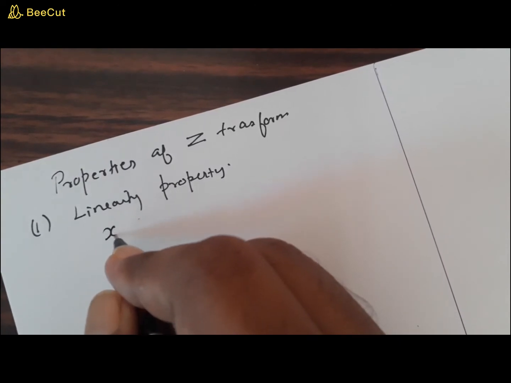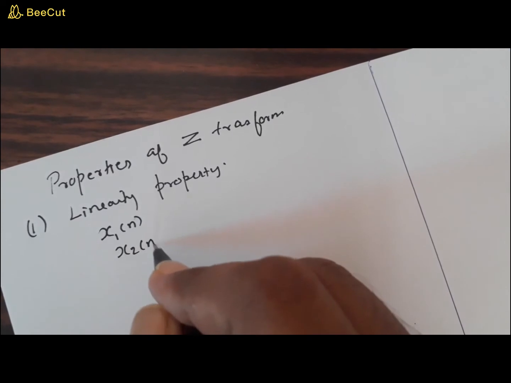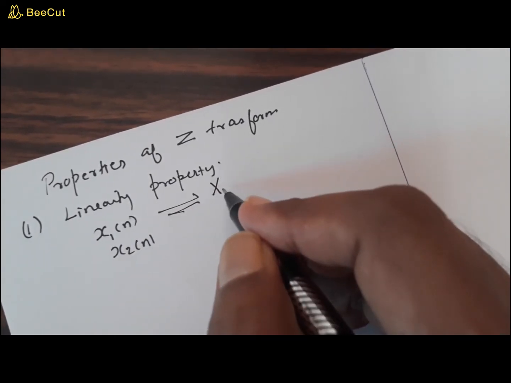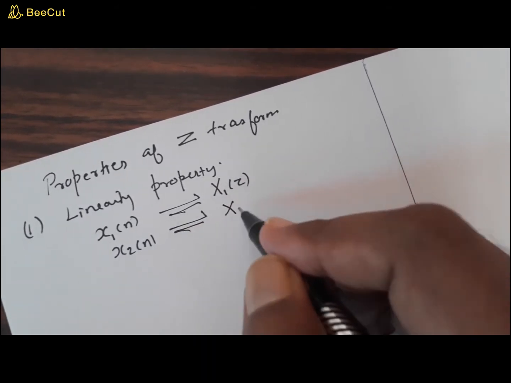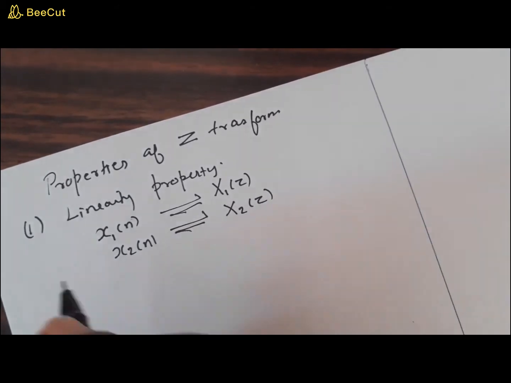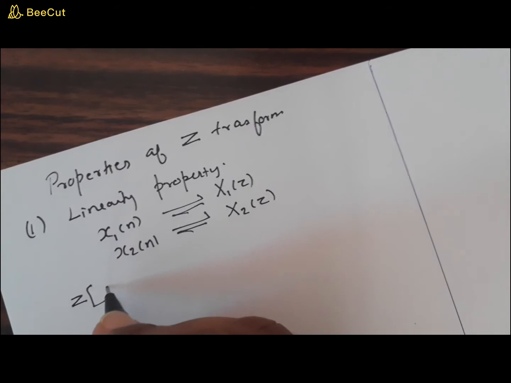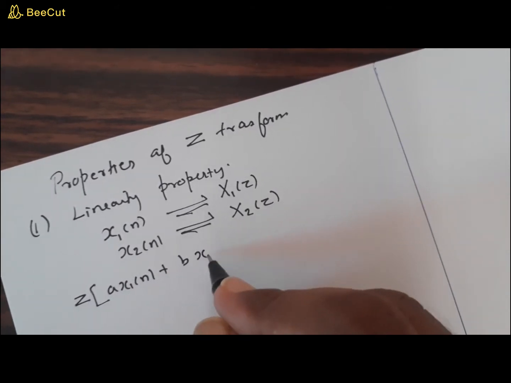Suppose you have two signals, x1 of n and x2 of n, whose Z transform is known. That is, the Z transform pair is represented like this. Let the Z transform of x1 of n be x1 of z and the Z transform of x2 of n be x2 of z. Now what is the Z transform of a into x1 of n plus b into x2 of n?